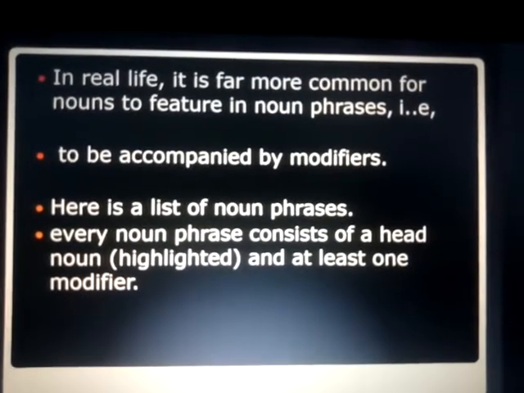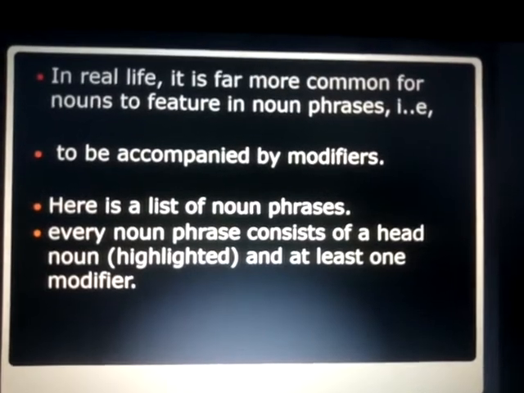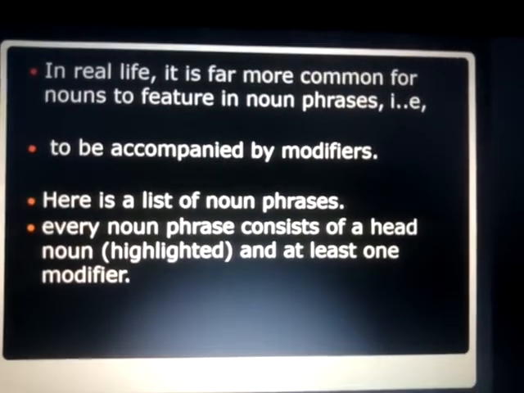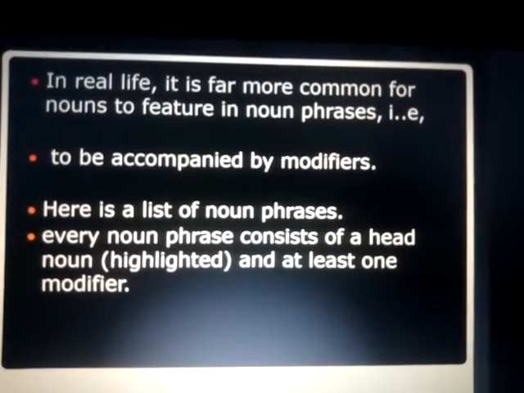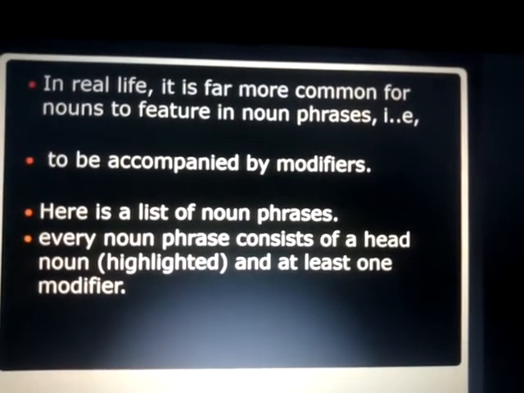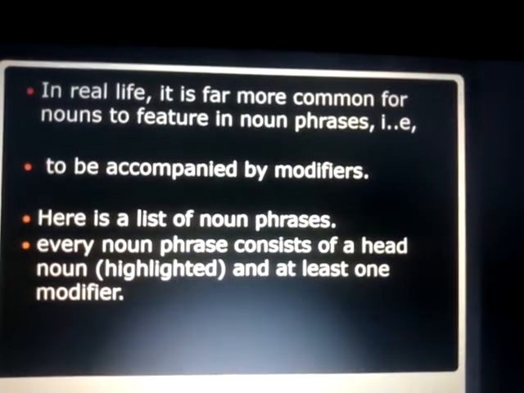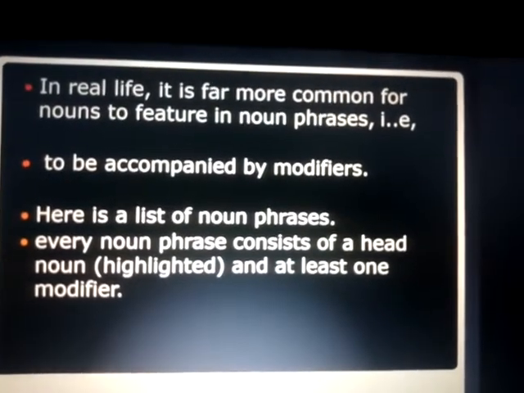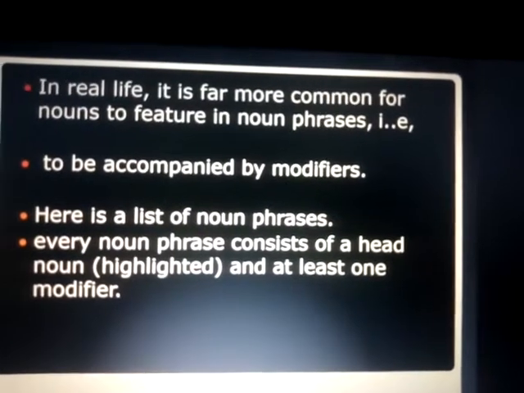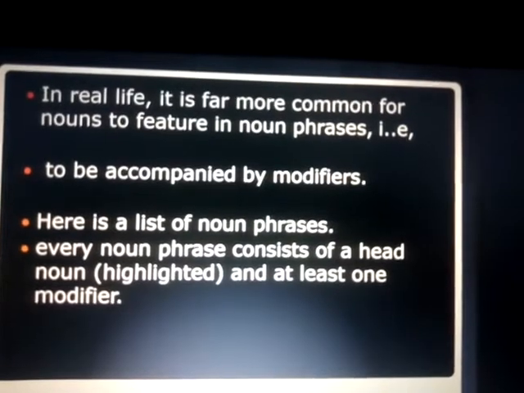Here is a list of noun phrases. Every noun phrase consists of a head noun, highlighted, and at least one modifier.